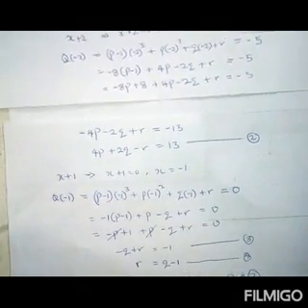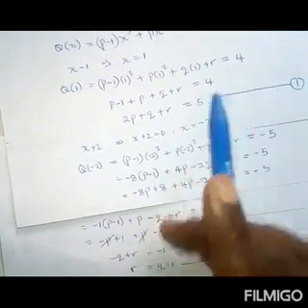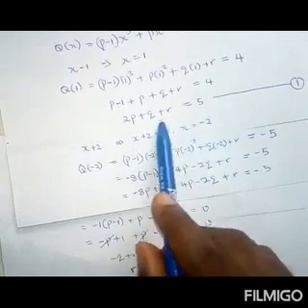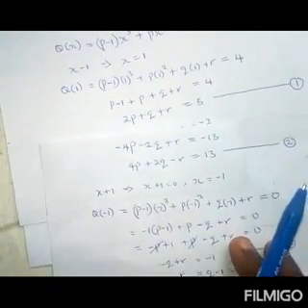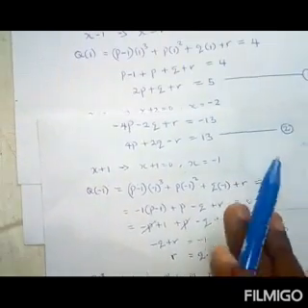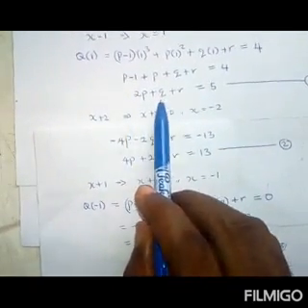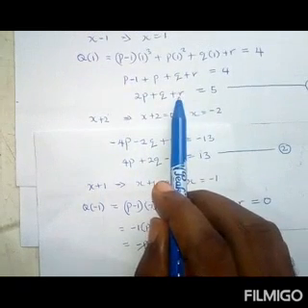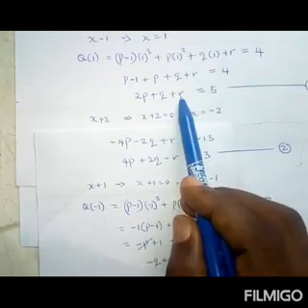So if you look at your equation 1, this is our equation 1. Equation 1 is 2p plus q plus r. So this r is going to become q minus 1.